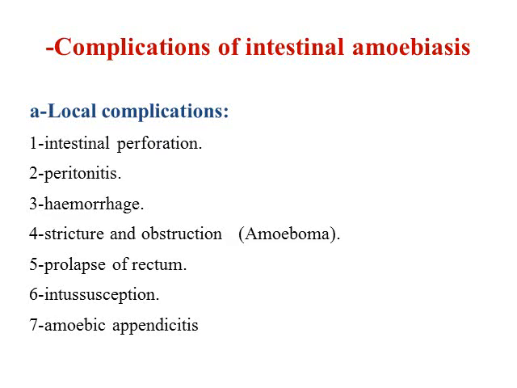The fifth complication هو prolapse of the rectum. The prolapse of the rectum due to the irritation of the nerve ending in the rectum due to the amoebiasis that lead to the prolapse of the rectum.